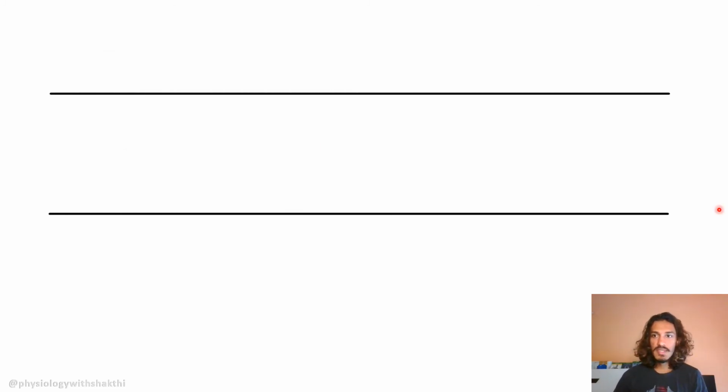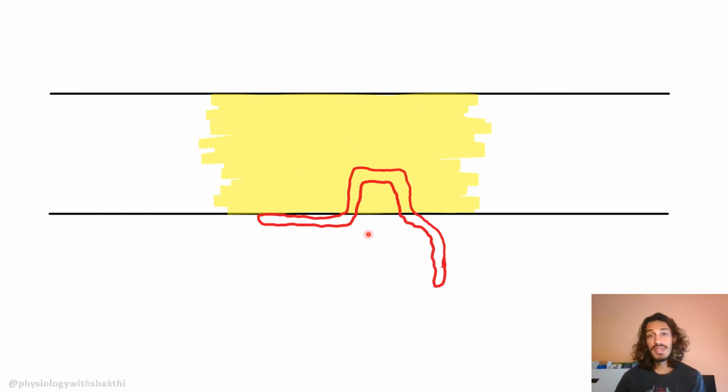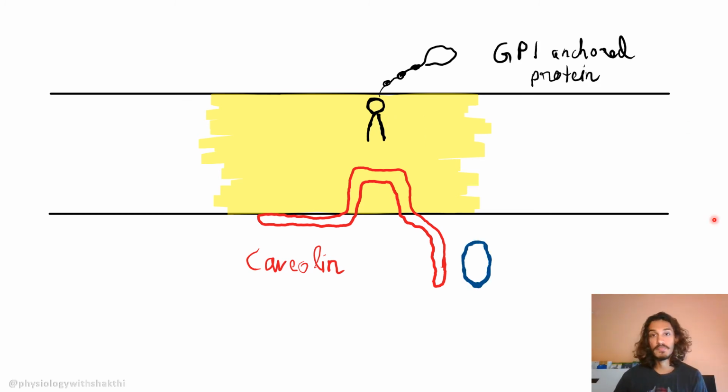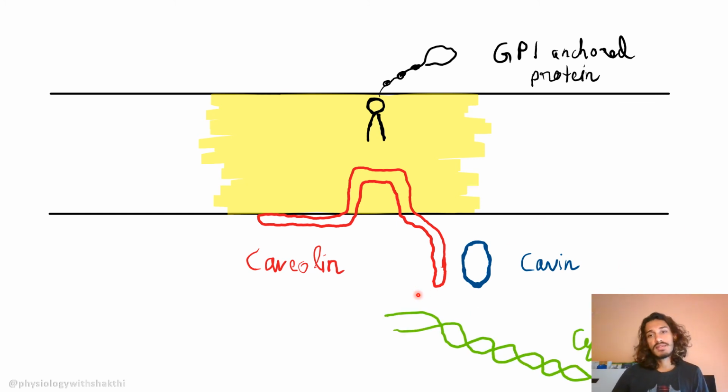Outside the caveolin protein there is a GPI anchored protein, which acts as a receptor. Inside there is a peripheral protein called cavin, which helps form the cage-like structure that you see in the clathrin mediated mechanism. Cytoskeletal structures help bring it inside.